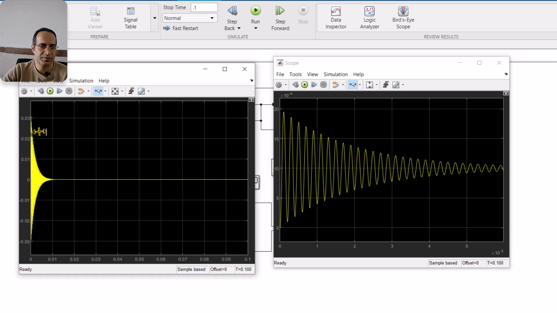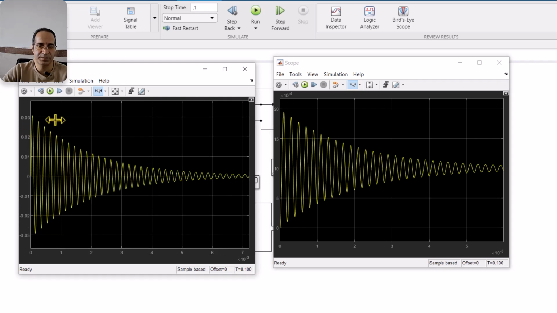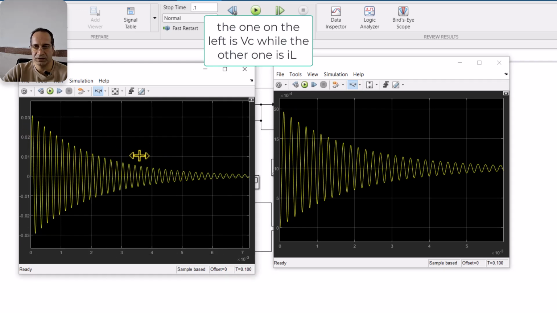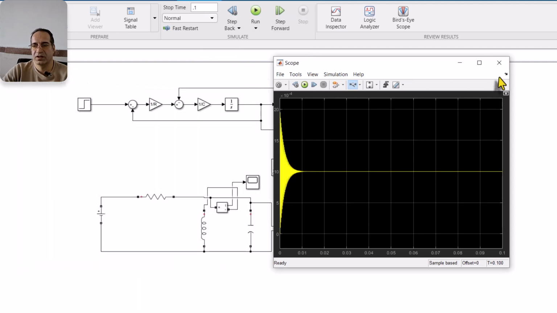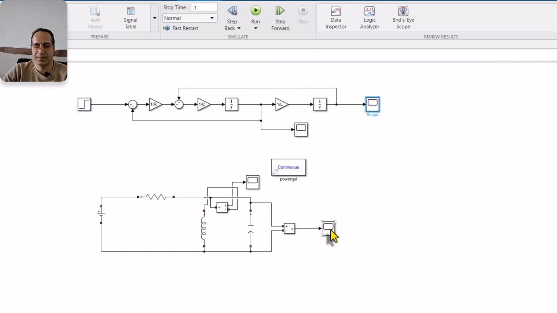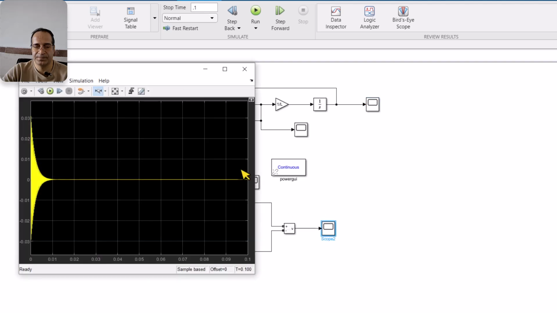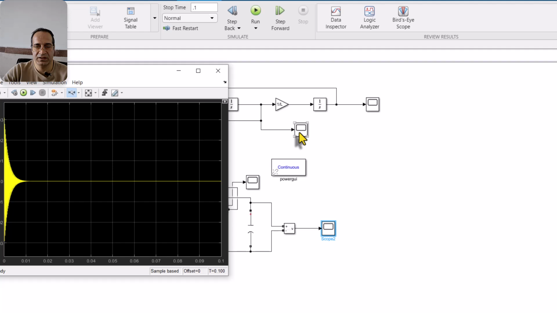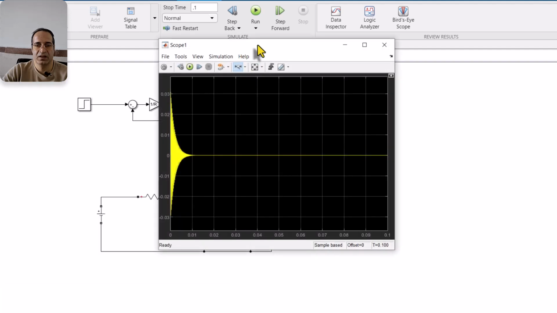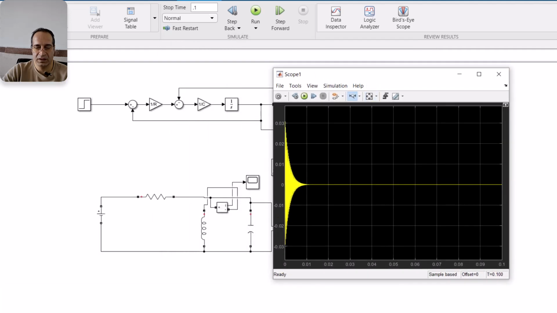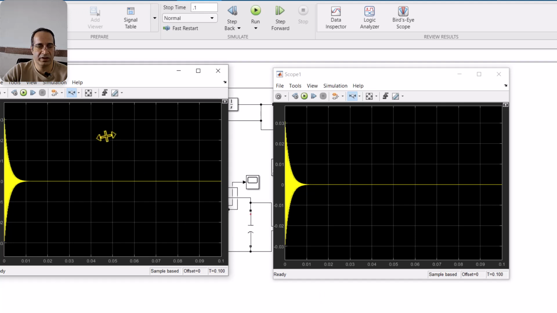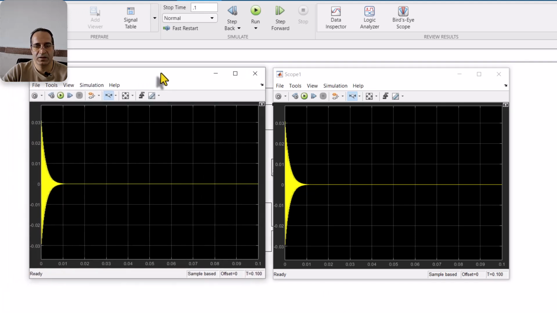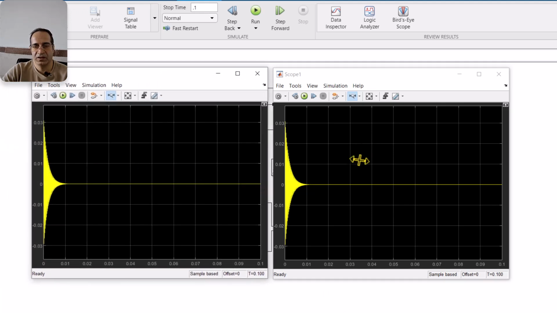There are still some differences between them. Let's check. Okay, I was mistaken. This is VC, and this is VC. Yeah, that's now completely right. Okay, as you see, the VC in both circuits are the same.